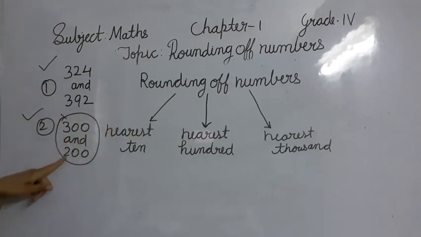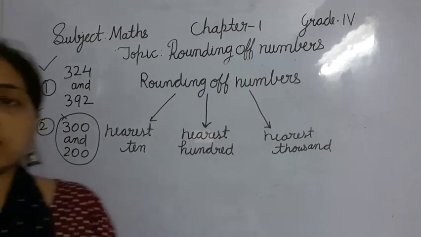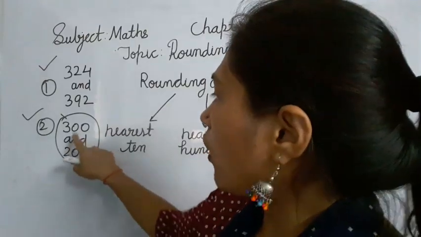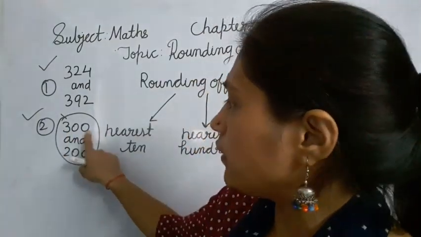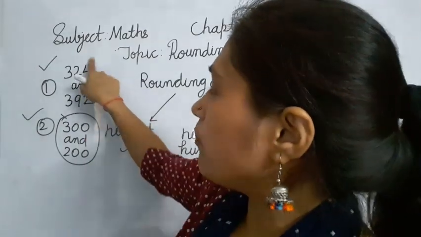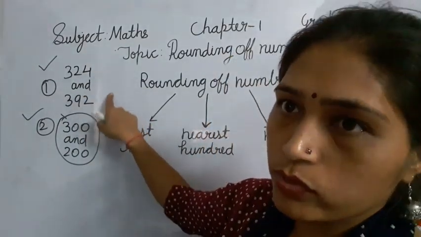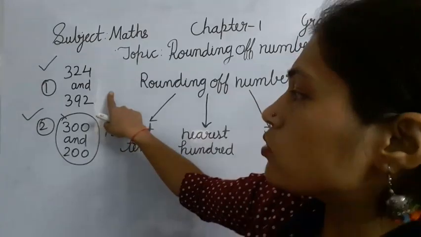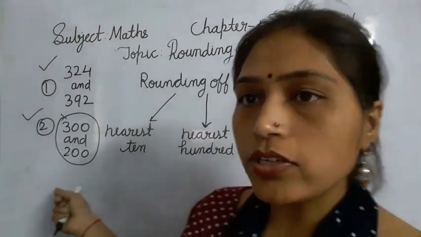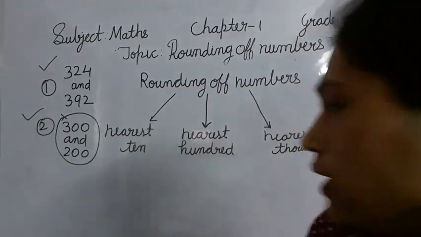You can easily say, ma'am, 300 and 200 makes 500, because these are rounded numbers. Only the hundreds place is there; ones and tens places are 0. But for this one you will take time, maybe use a pencil or a calculator. That's why we do rounding of numbers, to make the calculation easy.